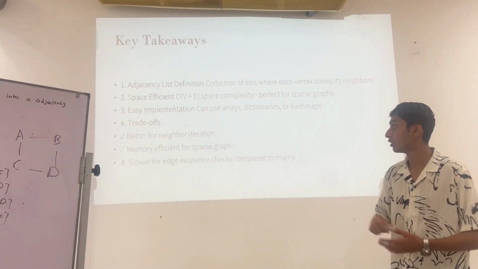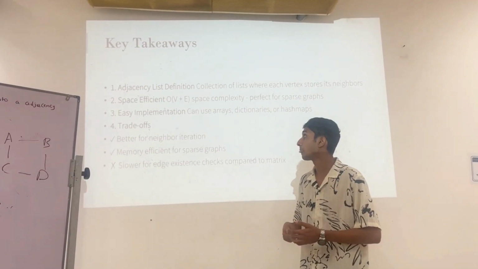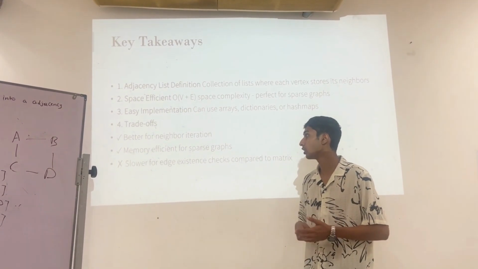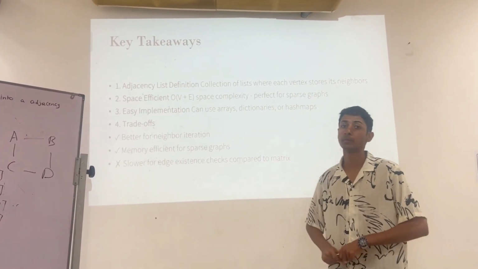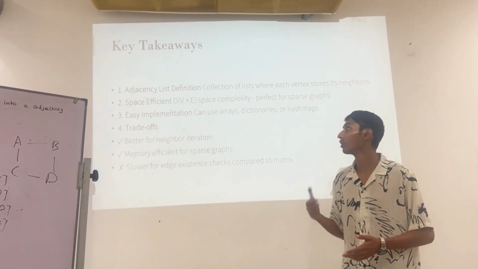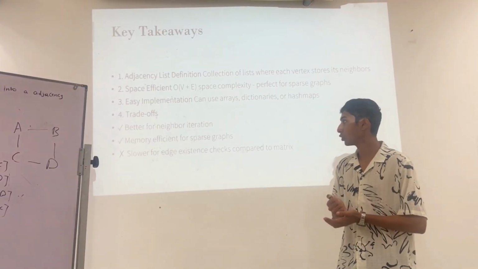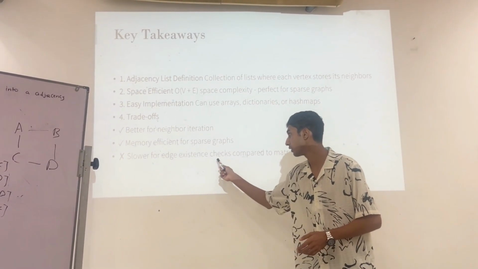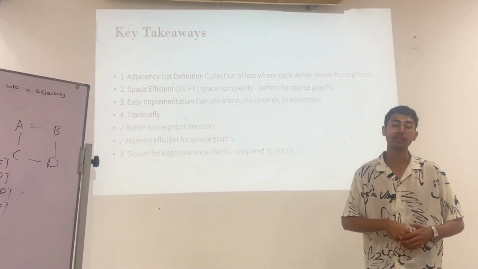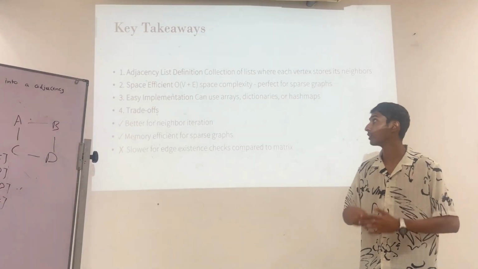Its trade-offs: it's better for neighbor iteration, and because of its memory efficiency, the adjacency list is a good choice. But a disadvantage is that it's slower for edge existence checks compared to a matrix. So this is about the key takeaways under the adjacency list.